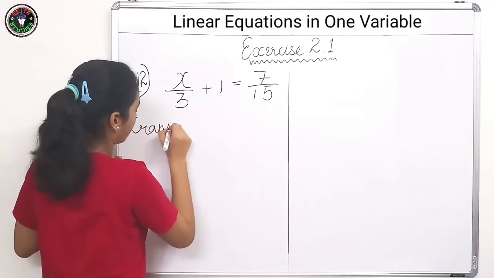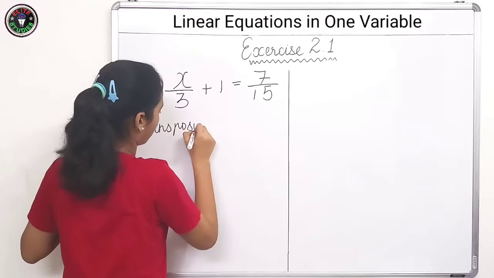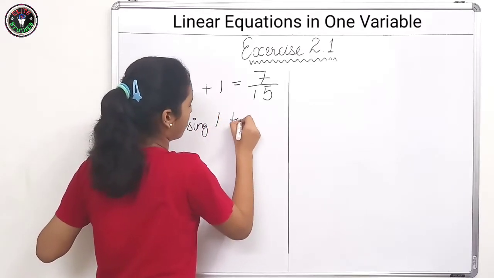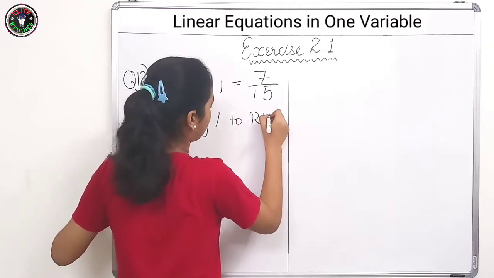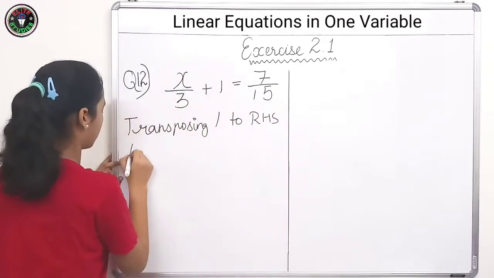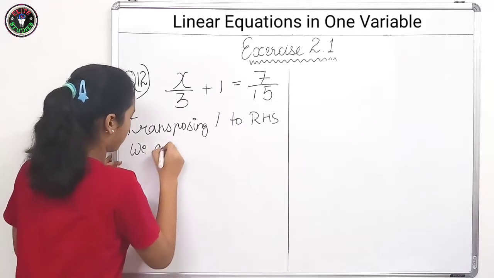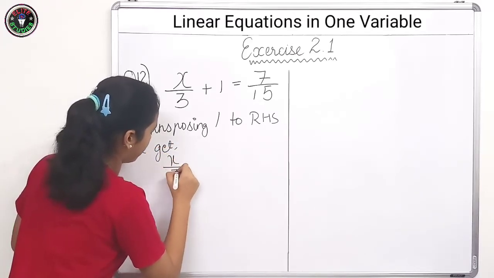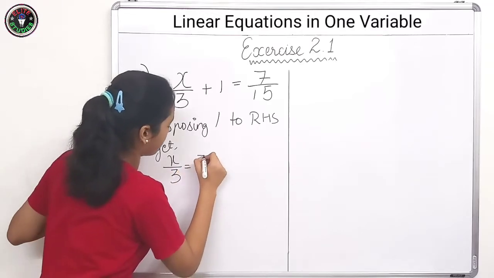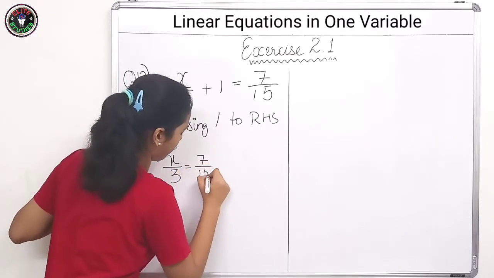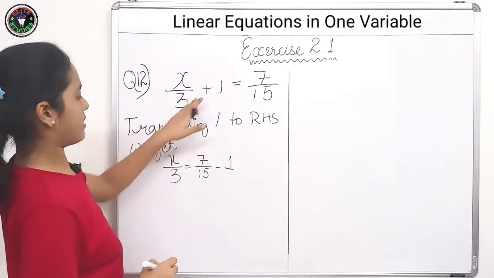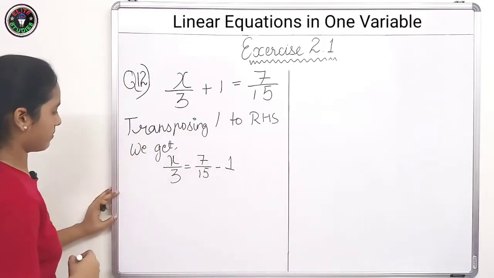Transposing 1 to RHS, we get x by 3 is equal to 7 by 15 minus 1. The sign has changed from plus to minus.